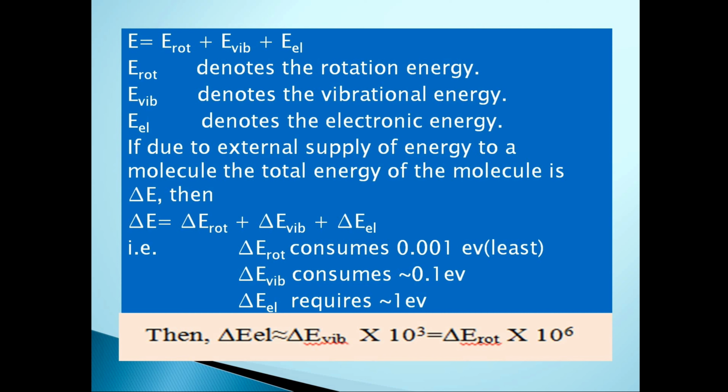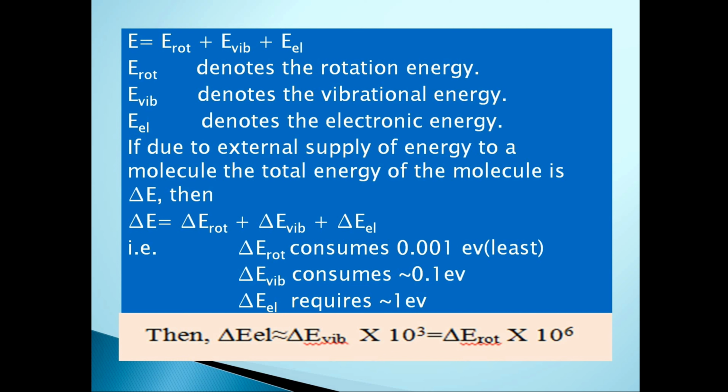Another is delta E electronic, for which the energy is in the range of 1 electron volt. That means to give excitation to the electrons from one electronic state to another, at least 1 electron volt is required. For vibration, 0.1 electron volt is required. For rotation, 0.001 electron volt is required. So for rotational excitation, the amount required is the least.